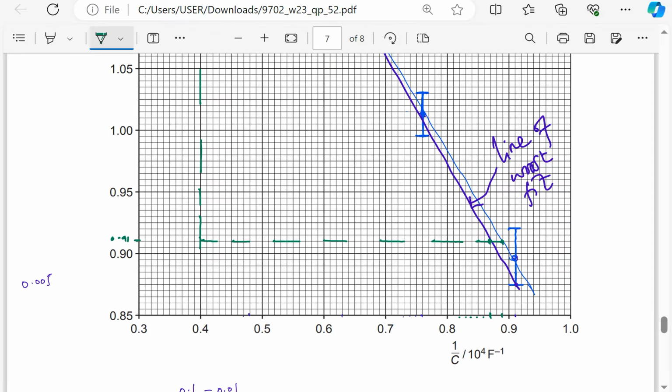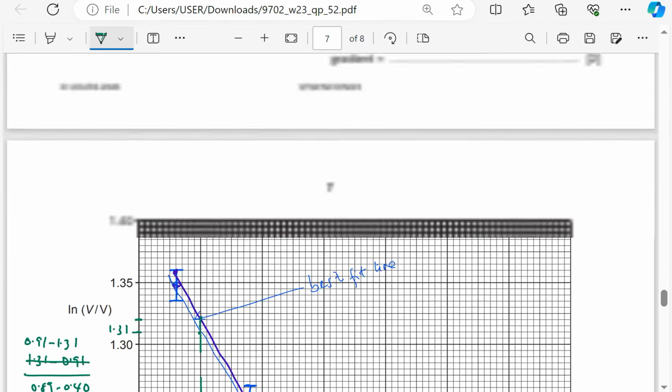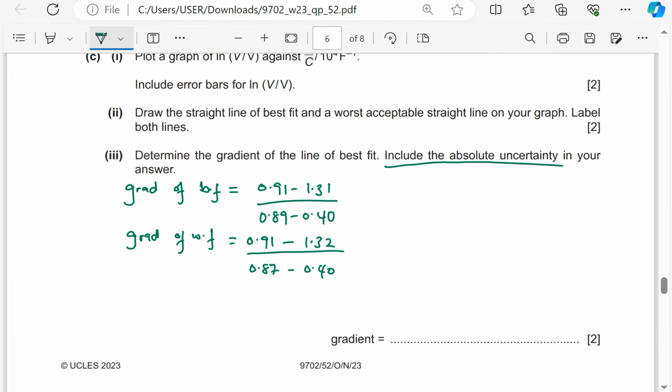I think the power of 10 is here on the x-axis, so I should add it there. So this is times 10 to the power of 4.